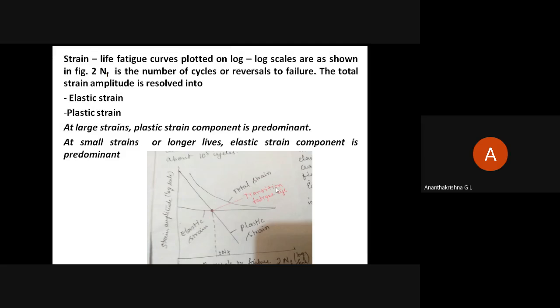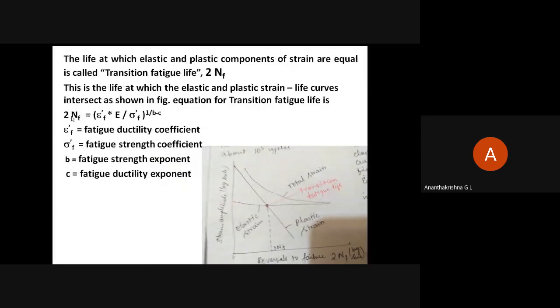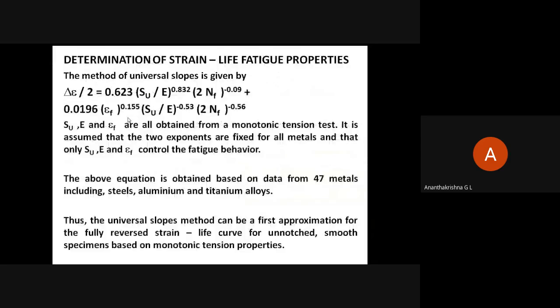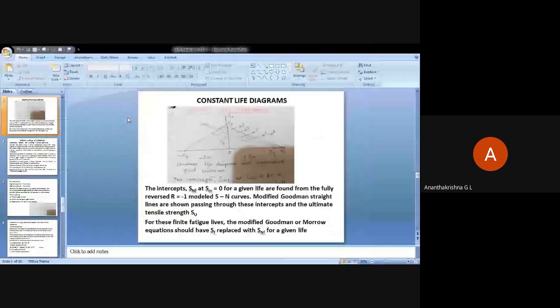That point is called transition fatigue life, where the life 2N_T is the same for both elastic and plastic strain. This is the equation for transition fatigue that we learned. Next we are going to learn about the determination of strain life properties.